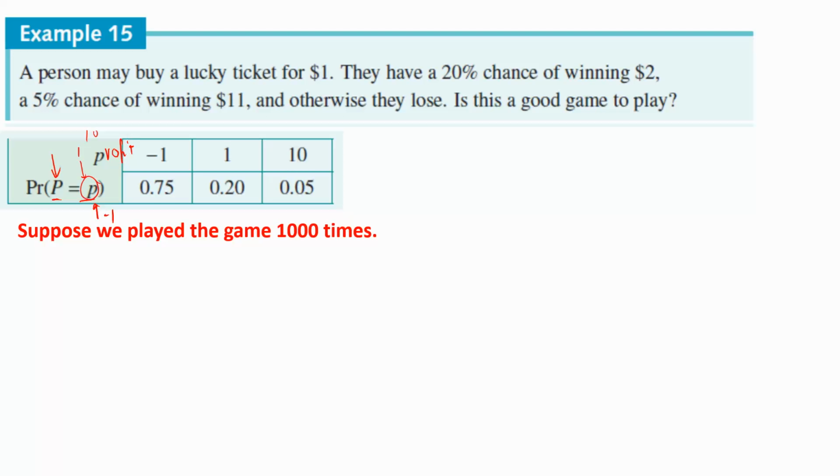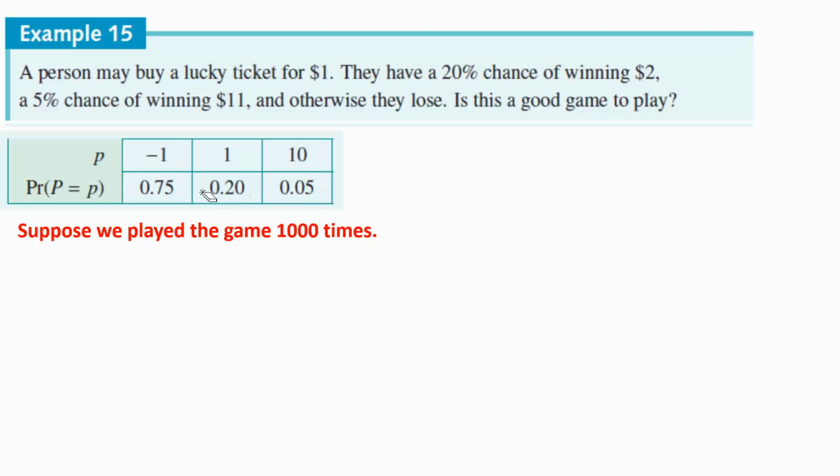That's how we write our notation, and you do have to get used to using it. So the chance of losing $1 is 75%, the chance of gaining $1 is 20%, and the chance of gaining $10 is 5%.